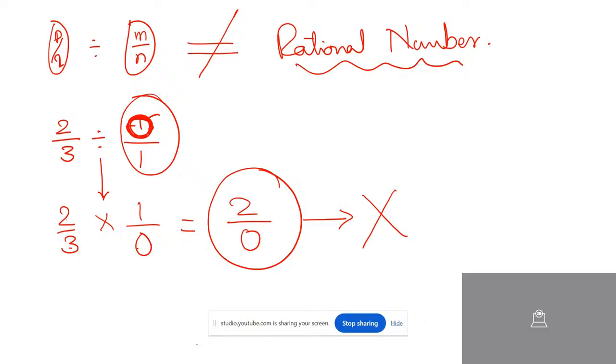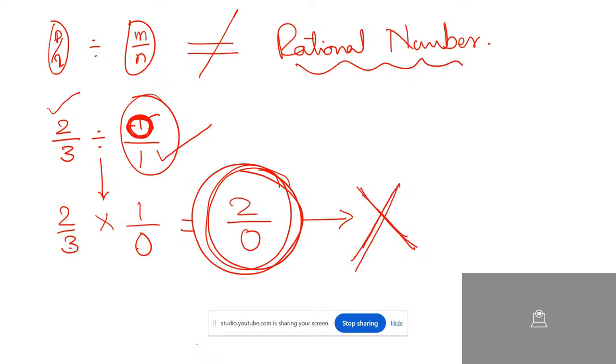समझ में आया? यहाँ पर 2 by 3 rational number है और 0 by 1 भी rational number है, but उसको divide करने के बाद हमको जो answer आया 2 by 0, ये तो rational number नहीं है. So because of this reason, rational numbers are not closed under division. हम क्या लिखेंगे?